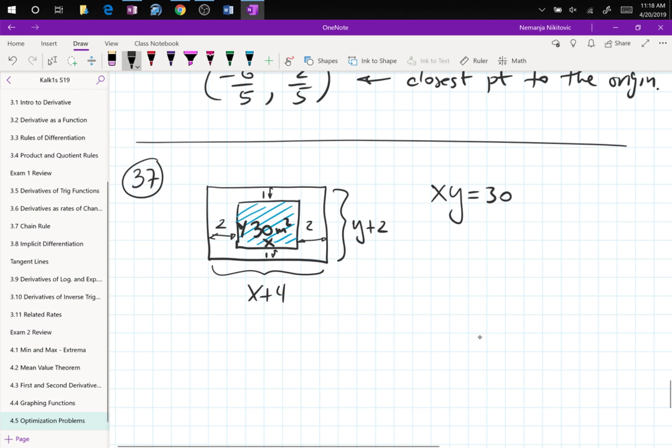So, we have this. Now they want to minimize the overall area. So what's my objective equation?